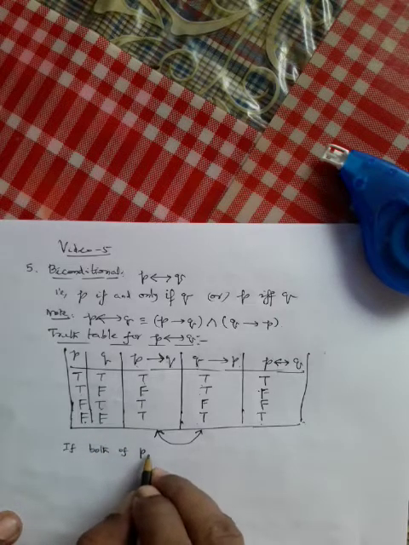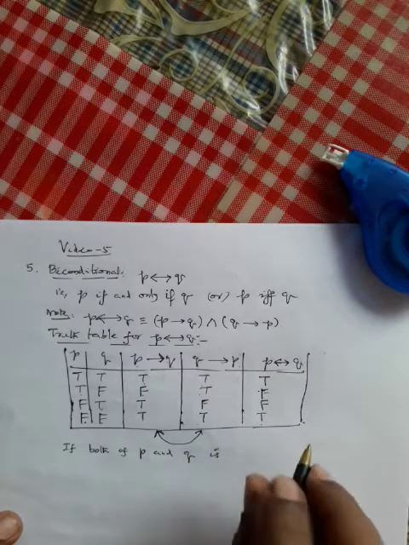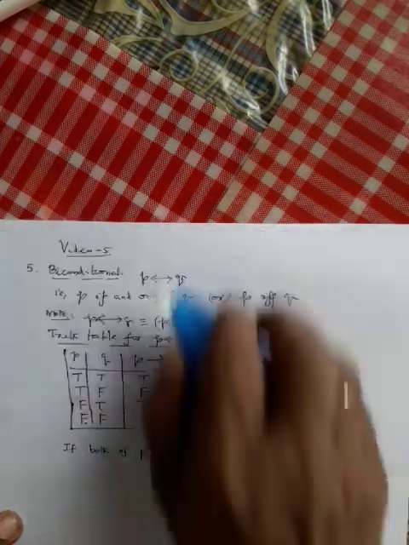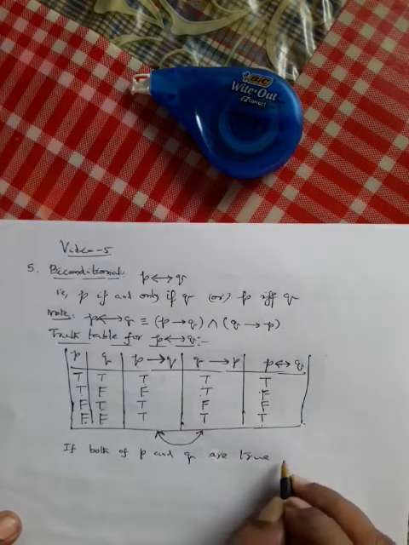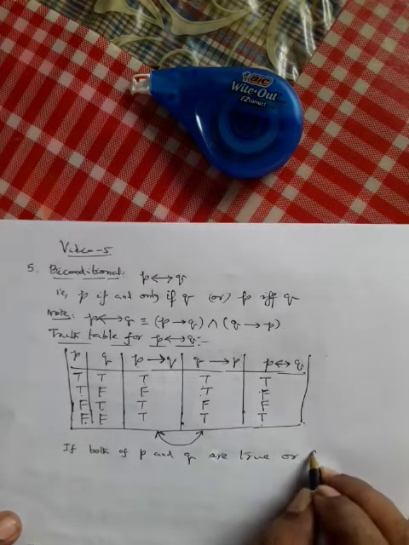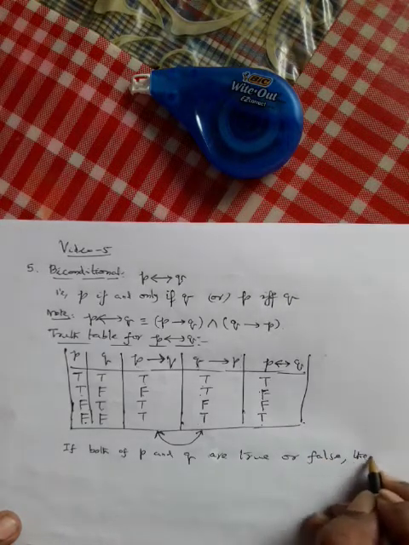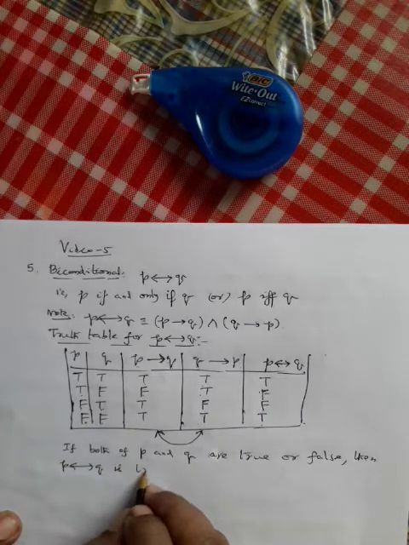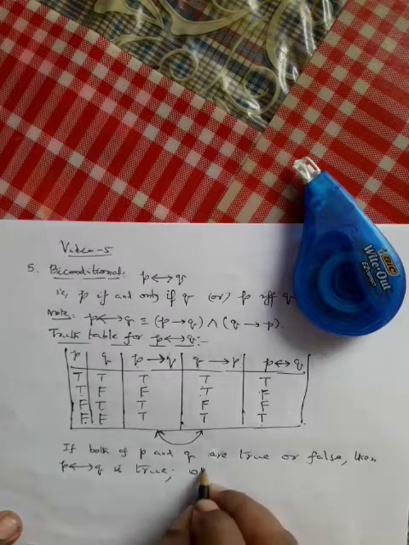If both P and Q are true, or both of them are false, then P biconditional Q is true.